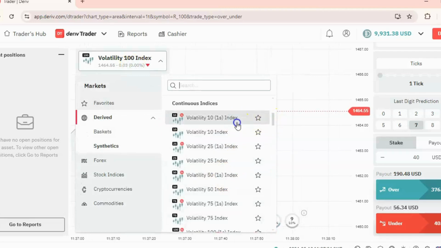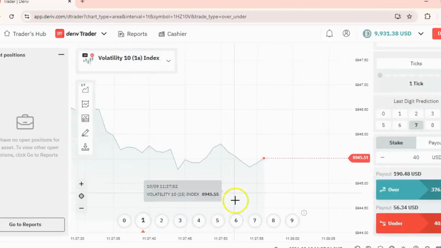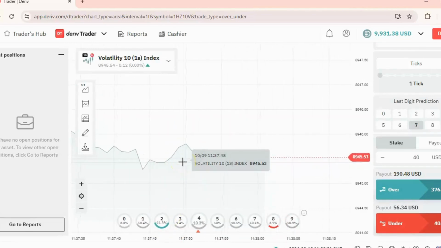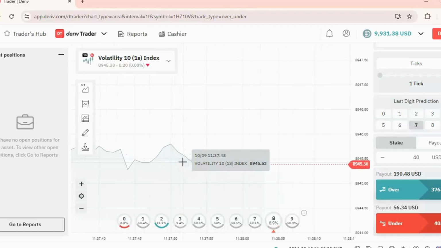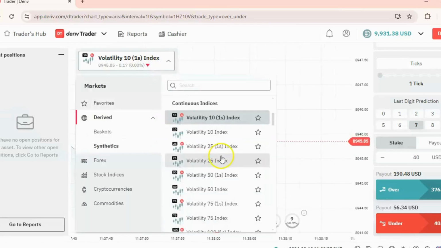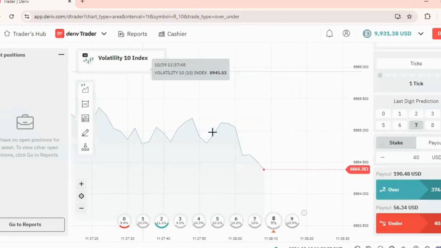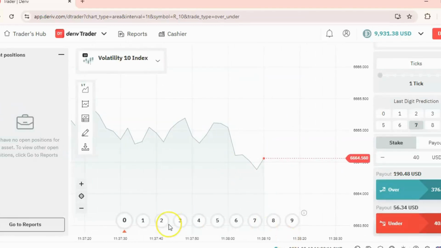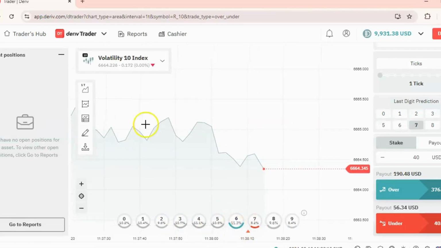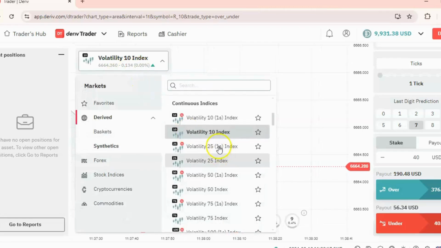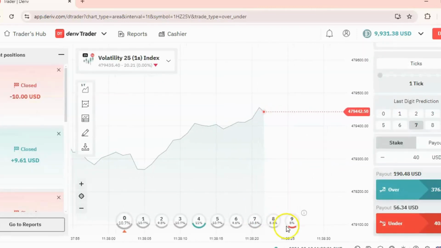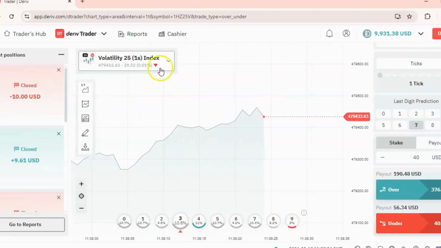Let me start again here to see if I'm going to find a good market. So let me switch until we find one that meets all our, oh sorry, this one it's not good. So this is the one we were trading before.